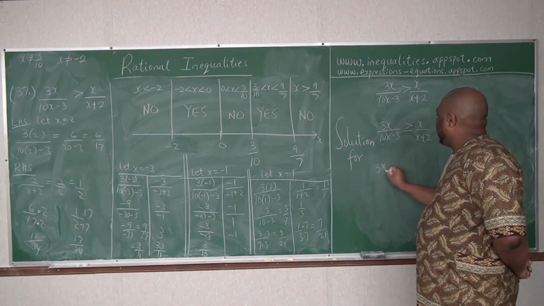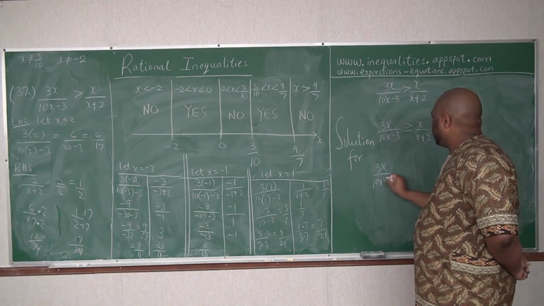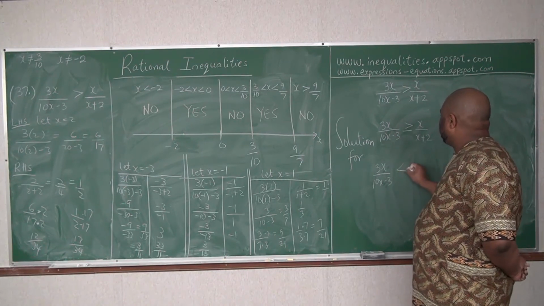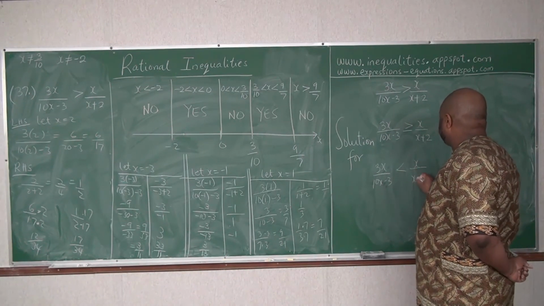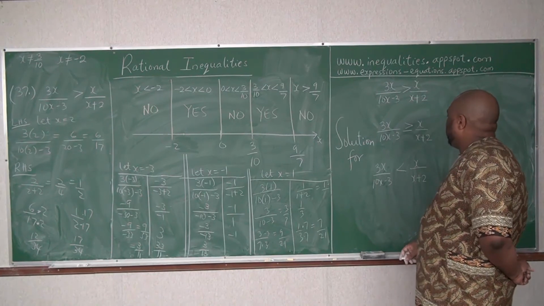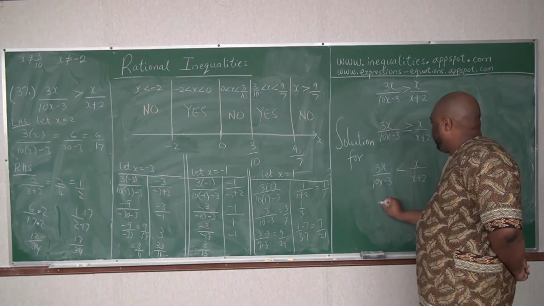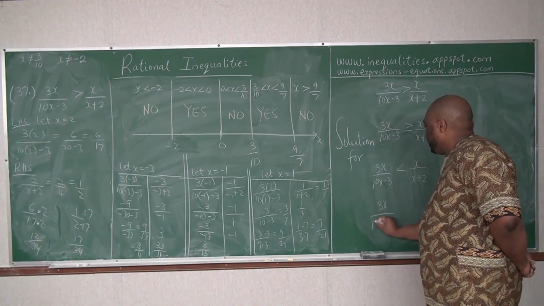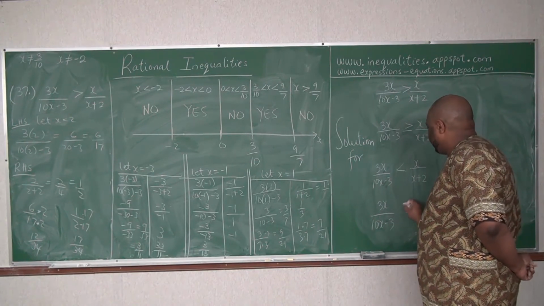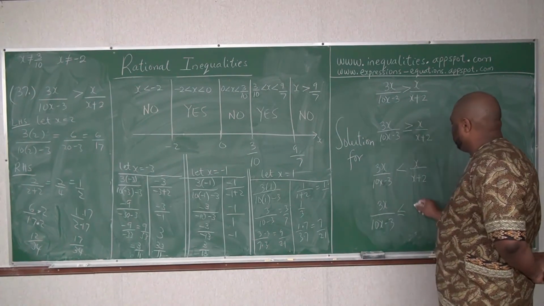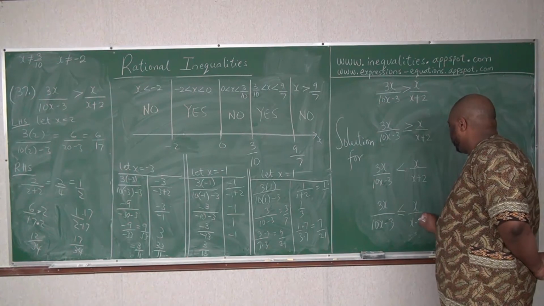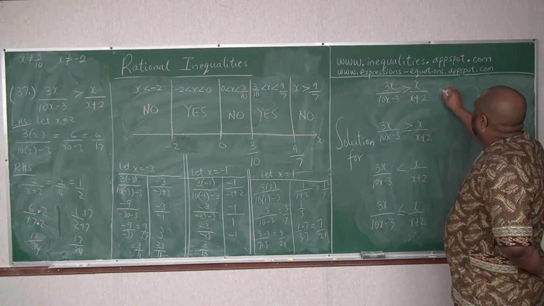We have 3x over 10x minus 3 less than x over x plus 2. And then finally we have 3x over 10x minus 3 less than or equal to x over x plus 2.